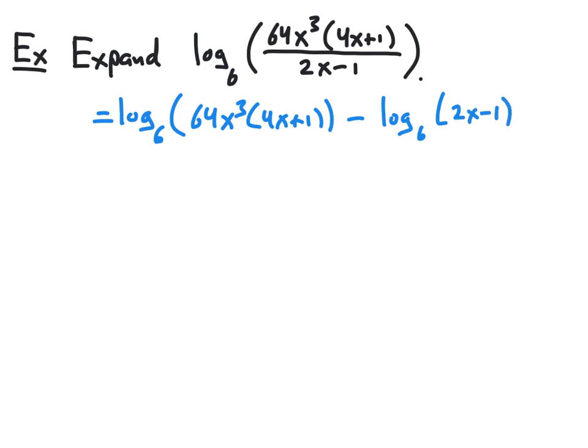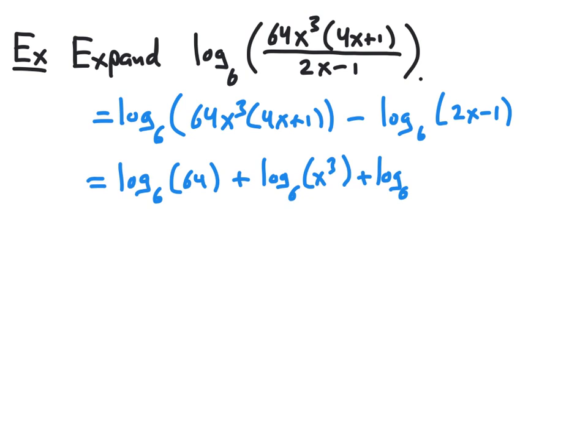The first logarithm here is the log of a product. So we could use the product rule extended to 3 factors to write this as the log base 6 of 64 plus the log base 6 of x cubed plus the log base 6 of 4x plus 1, minus the original term in the denominator, log base 6 of 2x minus 1.